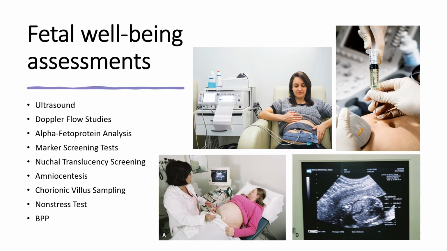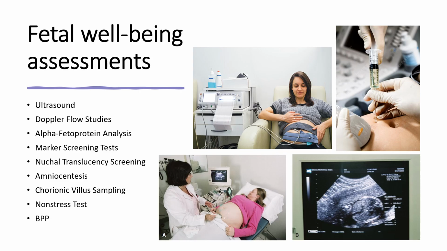In addition to that, if there's any issues with the umbilical cord, sometimes babies are born with one vessel, one artery, they may require future Doppler flow studies to make sure that the baby is growing appropriately.